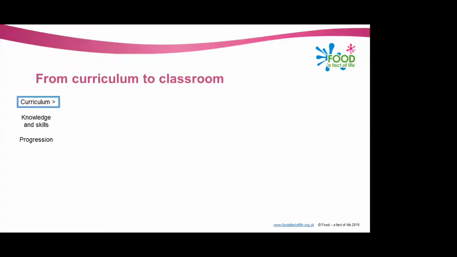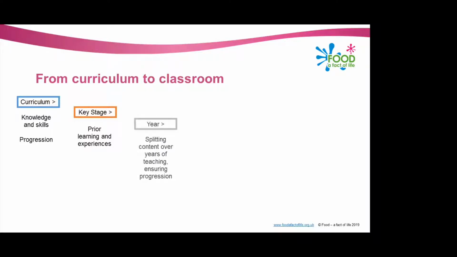So we have the curriculum, which sets out that knowledge and skills. And in the national curriculum for England, there is some form of progression, although that does need unpacking as we go through. And we'll talk a bit more about that in a moment. We then have the curriculum in its entirety. Then we have key stages, which give us indications of prior learning and experiences.